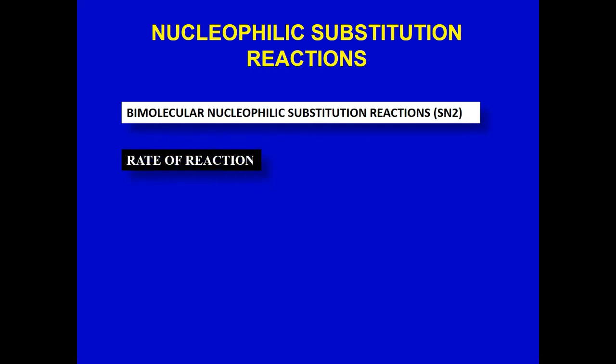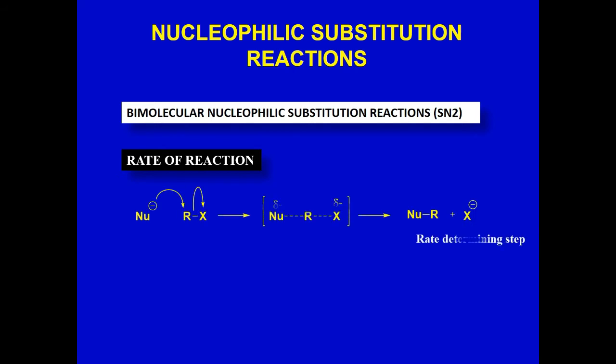Let's see how we can find out the rate of reaction. As you saw in the previous slide, it's a single step process, and this only step is the rate determining step of a bimolecular nucleophilic substitution reaction, or SN2 reaction. In this one-step reaction, you can see both the nucleophile and the alkyl halide are involved.